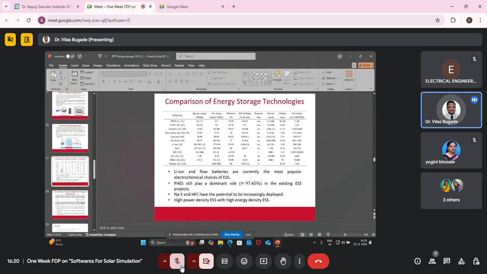If you are going to compare energy storage technologies, by cost per unit of energy, till date lithium-ion and flow batteries are currently the most popular electrochemical choices for the electricity storage system.